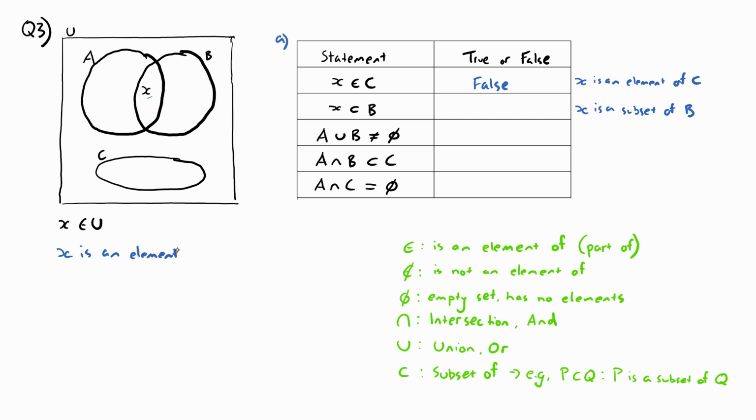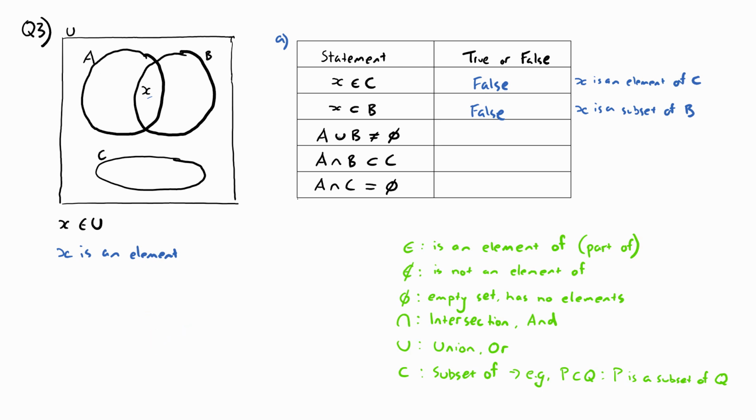In the question, we are given that there are 4 sets, A, B, C, and U. So X can't be a subset because it's an element. So therefore, this one here is false. Just to go a bit further on that, with Venn diagrams and probabilities, you have sets. So let's say a set is A, and you have a whole bunch of elements that live inside it, for example X, Y, and Z. These are the elements, and this is the set that houses the elements.